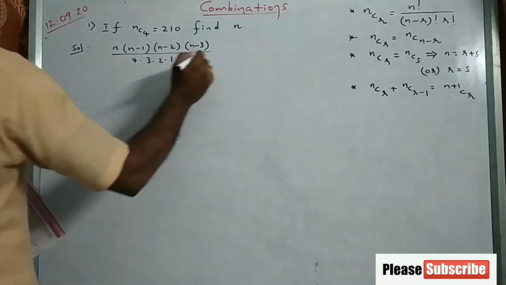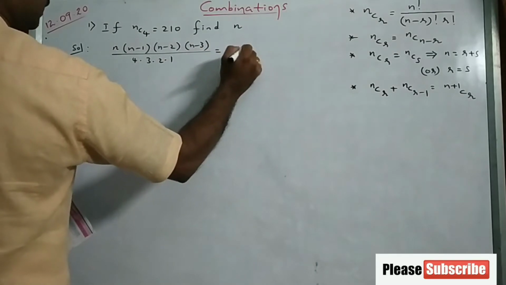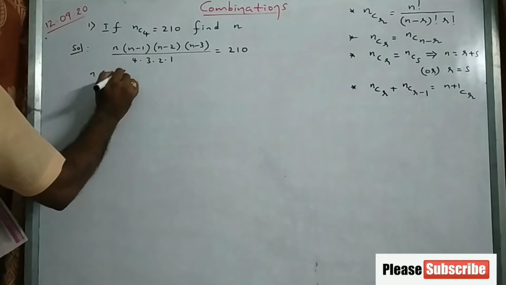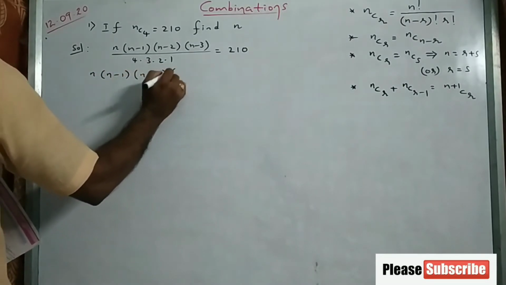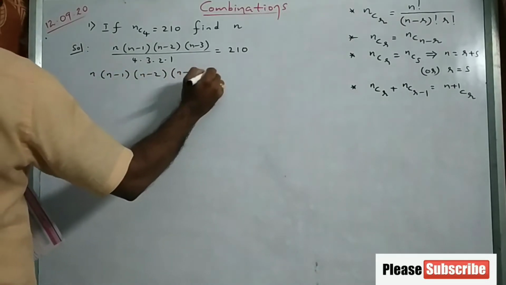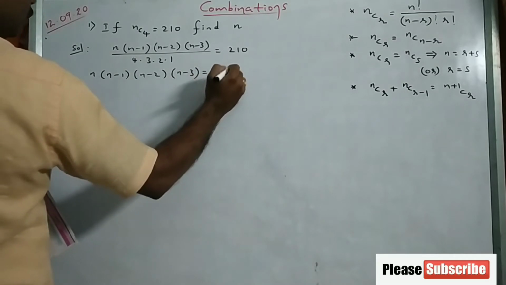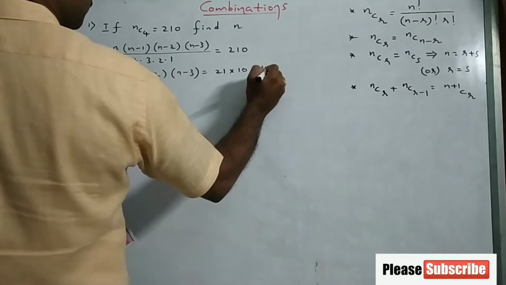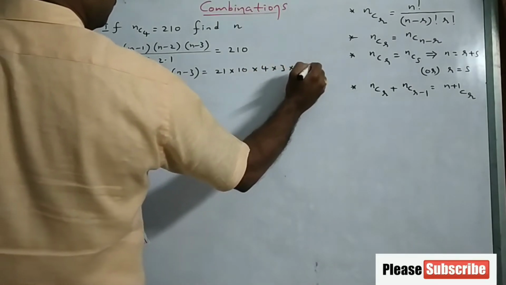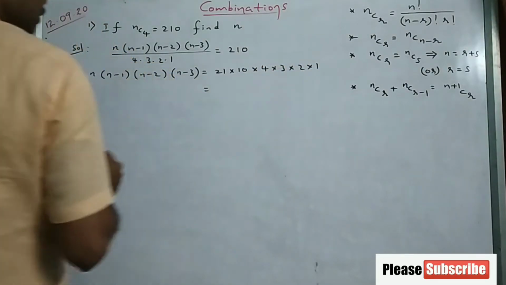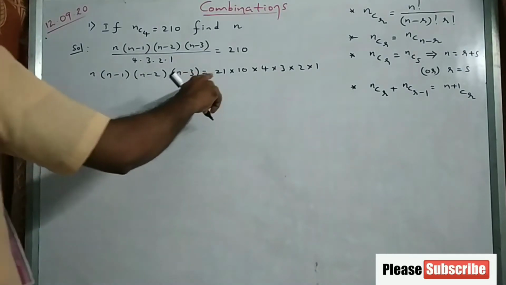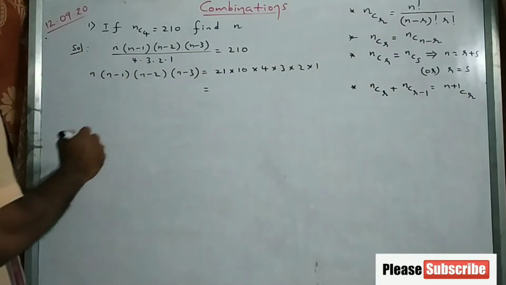Now transpose this: n(n minus 1)(n minus 2)(n minus 3) equals 210 into 4, 3, 2, 1. So we have to express this as a product of 4 consecutive numbers.